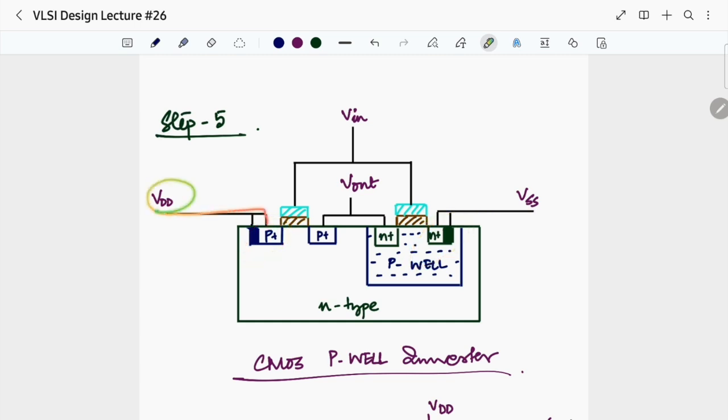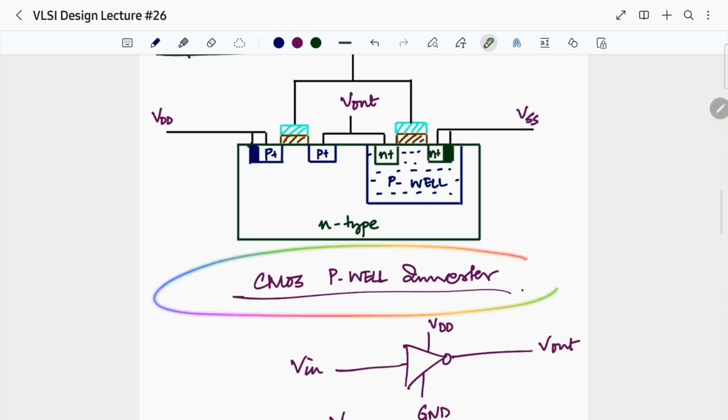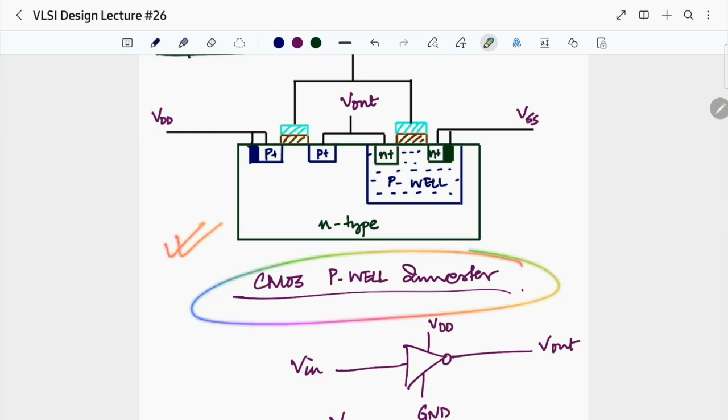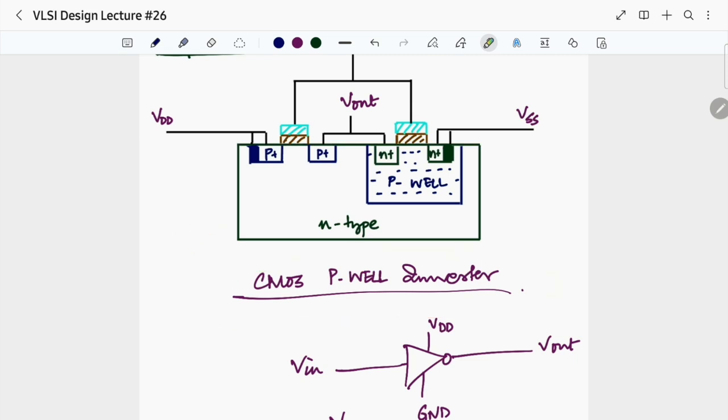PMOS should be connected to VDD, NMOS should be connected to ground or VSS. That is what has happened over here. Alright, don't forget to mention the name of your diagram. When it is your final step, you need to name your diagram.